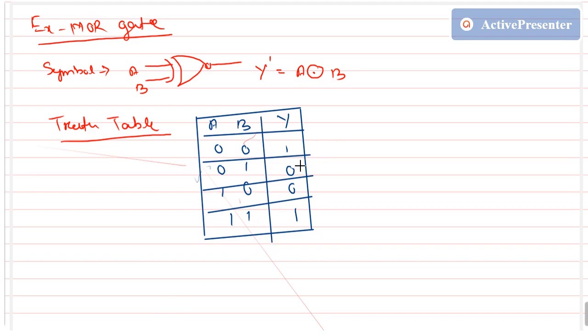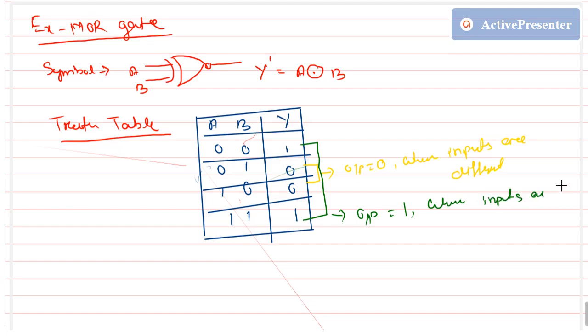So for these two, output is 0 when inputs are different. And for these two, output is equal to 1 when inputs are same, meaning both are 0 or both are equal to 1.